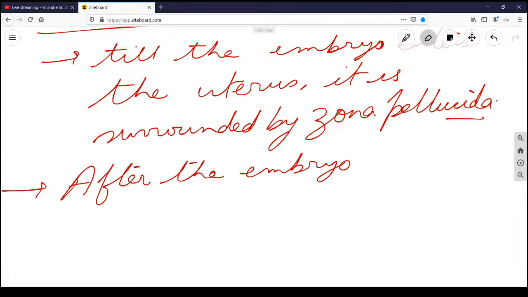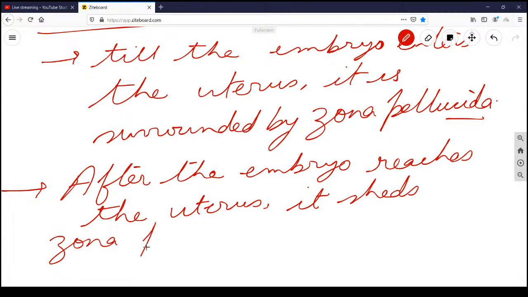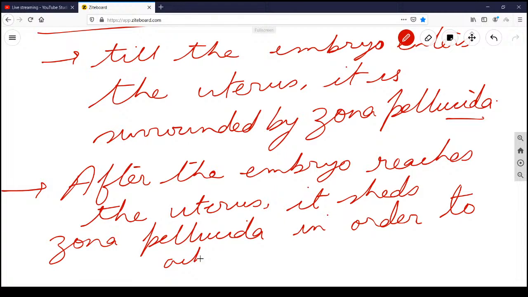After the embryo reaches the uterus, it sheds the zona pellucida in order to achieve implantation.